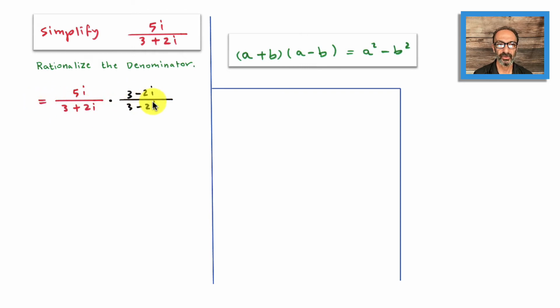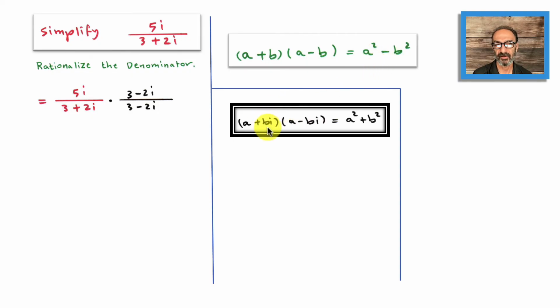But before I do it, on the side, the concept comes from the difference of two squares. A plus b times a minus b simplifies to a squared minus b squared. So what about if you have an i? As you can see, they behave the same way, but this one simplifies to a plus. And here's the reason if you need to know why.